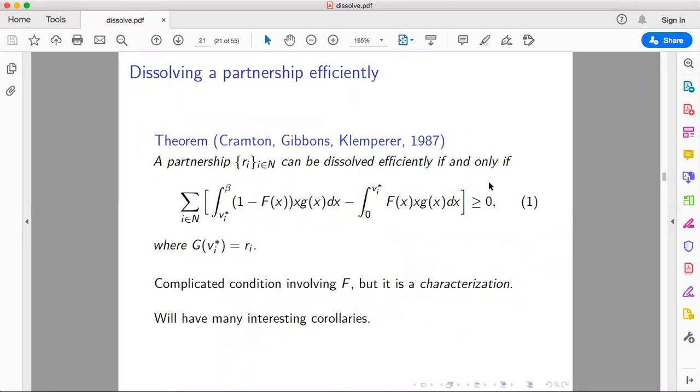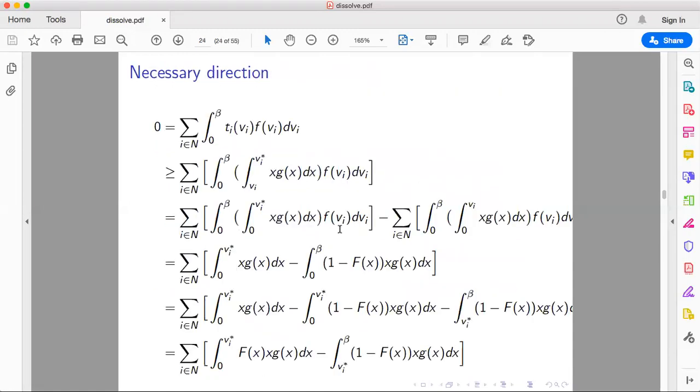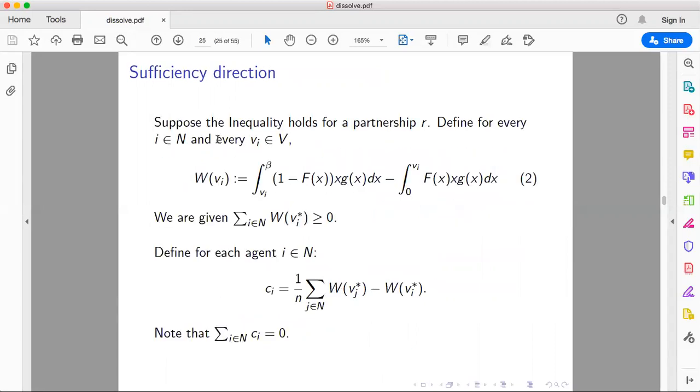Remember this inequality uses v star i in this integral. Instead, I have defined a new function which I call w(vi). This is a new function that I'm defining so that I can use it to define a mechanism.